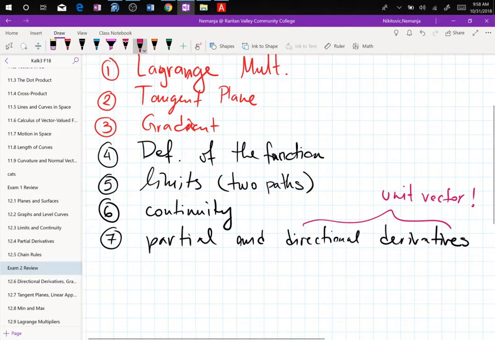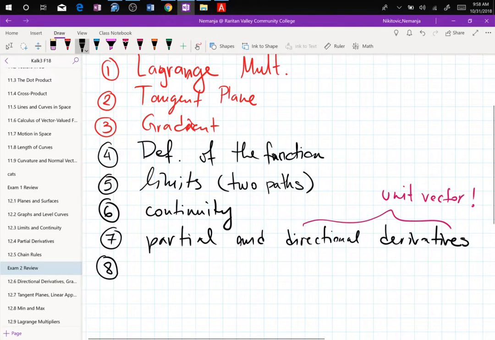That means who's responsible to come up with a unit vector before you do the directional derivative? You, right? So is (1, 1) a unit vector? No, right? (1, 1) has a magnitude of root 2. That's not a unit vector. So make sure that you are working this thing properly.